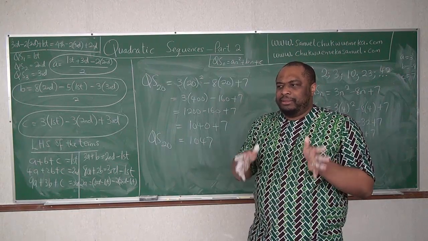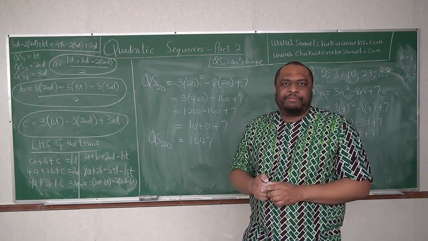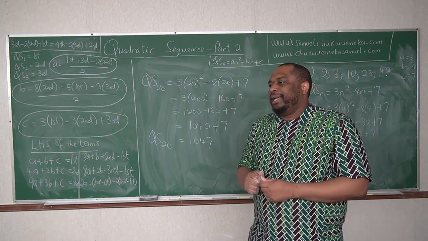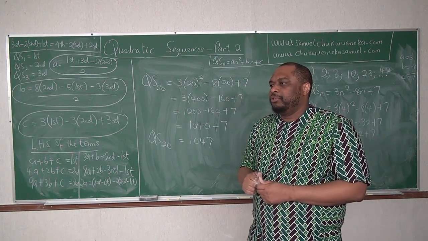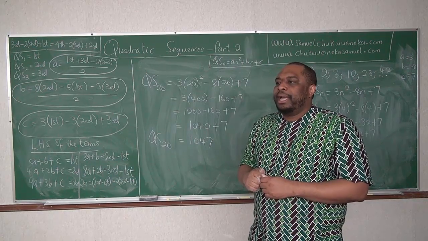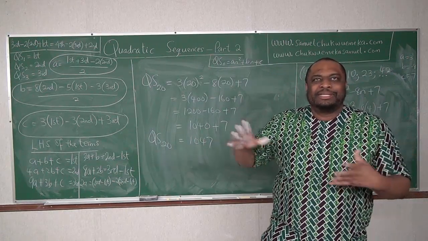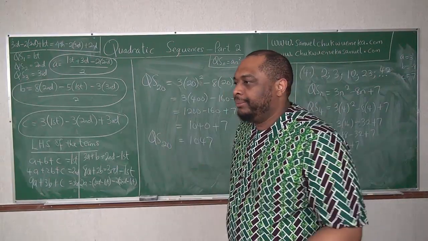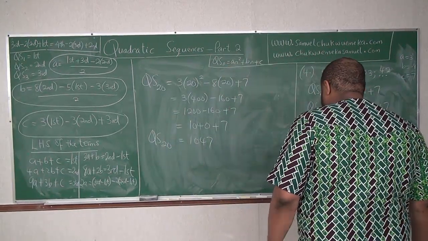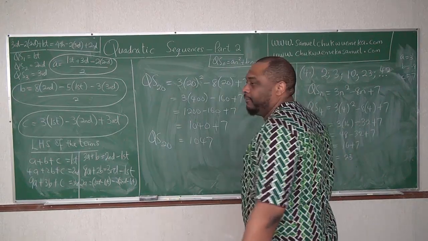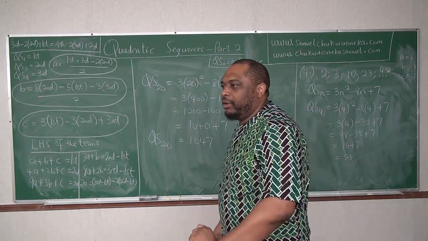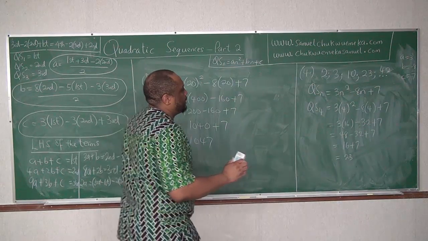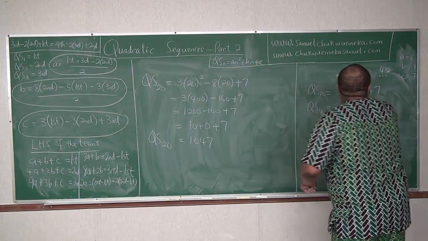But I think part 1 and part 2 should be enough to solve any question on quadratic sequence. But if I find more questions that I've not touched, and if I have the time, then I can do it. Okay, question 5, then we can call it a night. So let's come here, question 5.